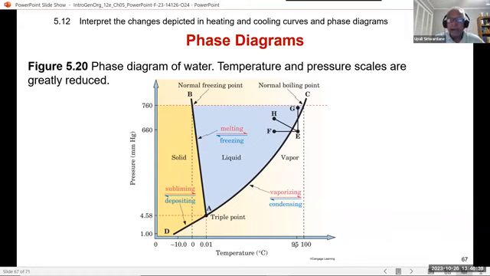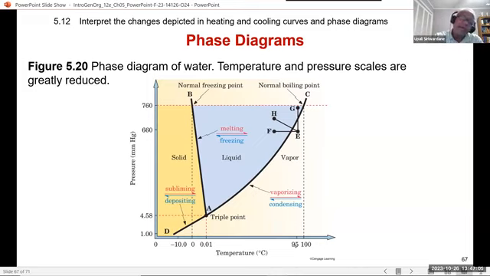One thing you can say for sure in a phase diagram is that there are three regions for solid, liquid, and gas phase. Vapor is gas. The area next to the y-axis, the pressure axis, is the solid.